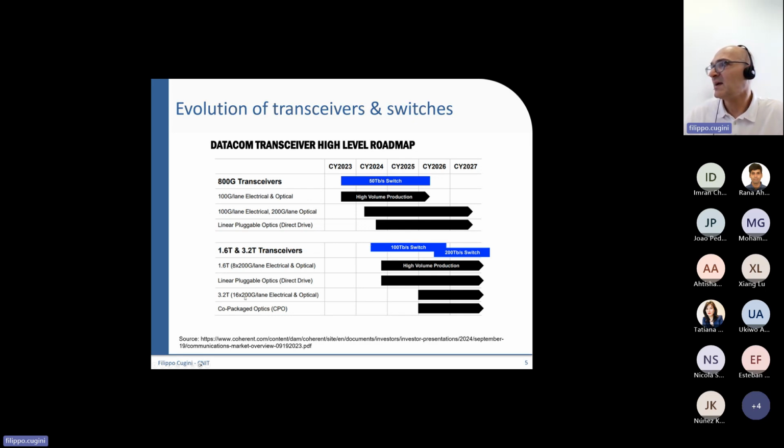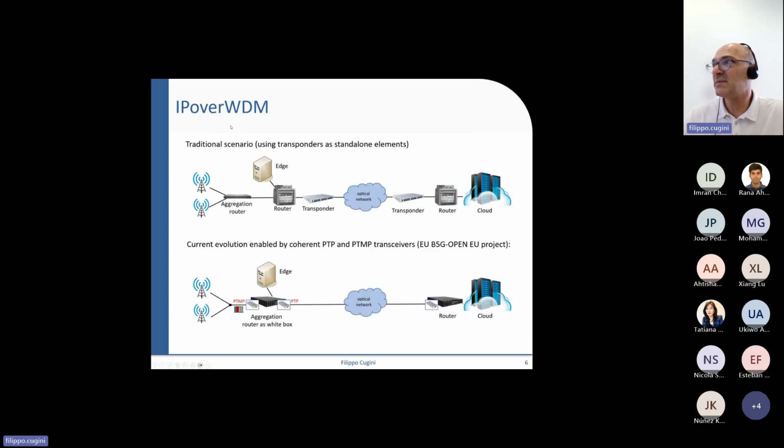We can see that in terms of switches, the evolution is following properly. So basically, we are facing in the datacom and data center market a huge evolution in the transceivers as well as in the ASIC. This evolution gives us the possibility to move from a traditional scenario to an evolved scenario.